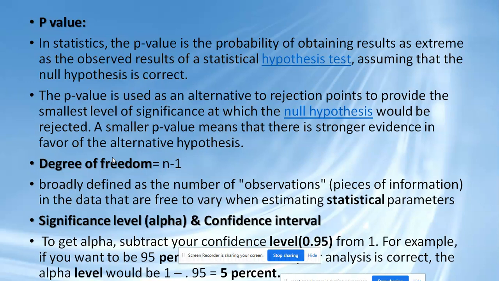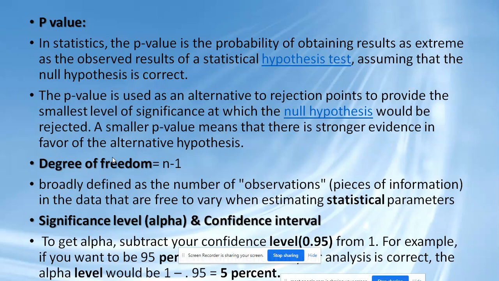P-value is also used as an alternative to rejection points to provide the smallest level of significance at which the null hypothesis would be rejected. Okay, so 0.05 is the smallest level of significance, where the null hypothesis is rejected. So smaller the p-value, stronger is the evidence in favor of the alternative hypothesis. Okay, now that is p-value.